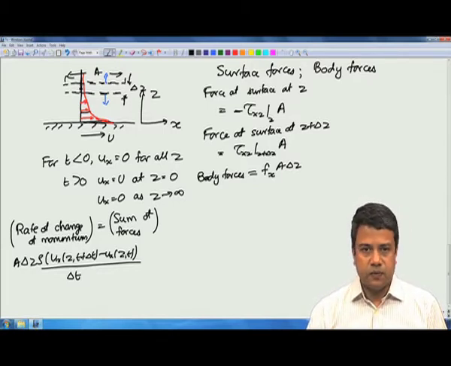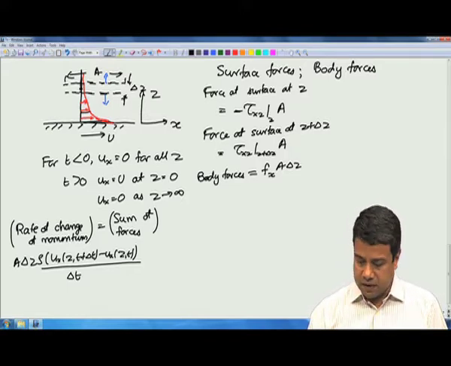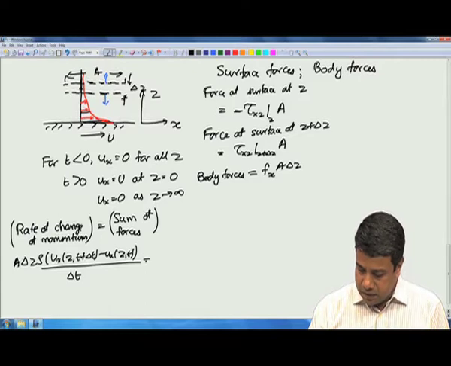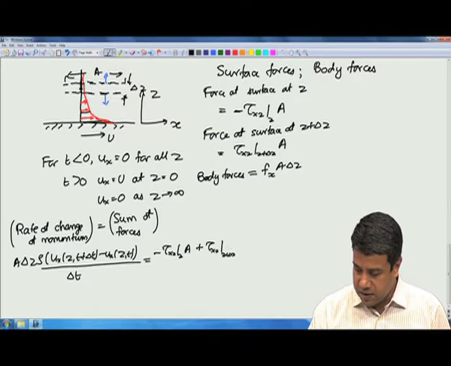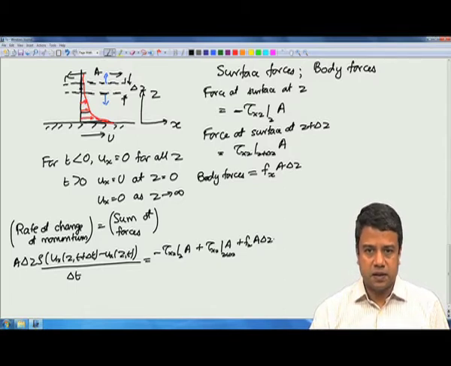So, these two have to be put into the conservation equation. So, this is equal to minus tau x z at z times A plus tau x z at z plus delta z times A plus f z A delta z. So, that is the total equation.